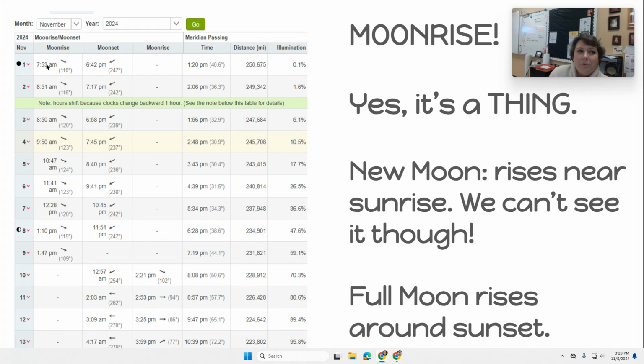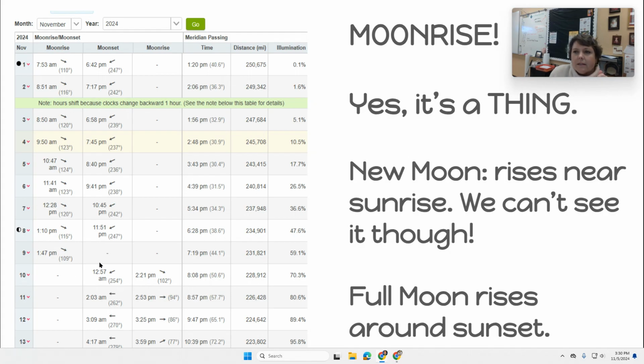So when we had a new moon, the moonrise was at 7:53 a.m. And then the next day it was at 8:51, and that's because we switched the time zones, or not the time zones, but the daylight savings. That was this weekend. Okay, and then we're going to come down here, and so when we're at the first quarter, it's at 1:10.